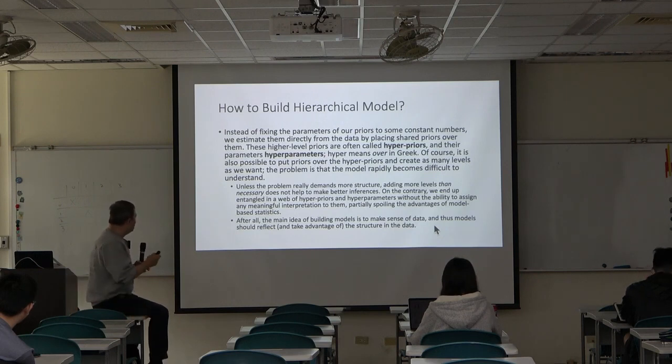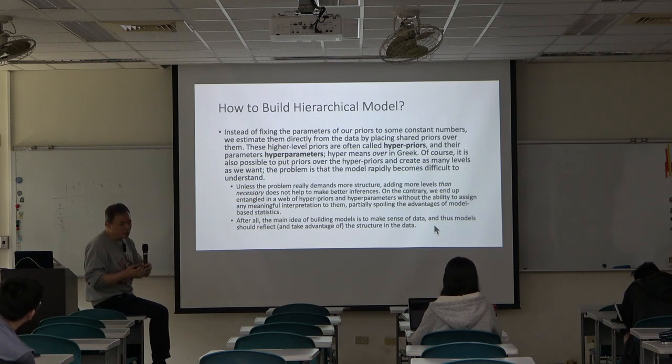Unless the problem really demands more structure, we can have as many levels as we want. But at the same time, don't use too many levels, because each level you introduce complicates the model.